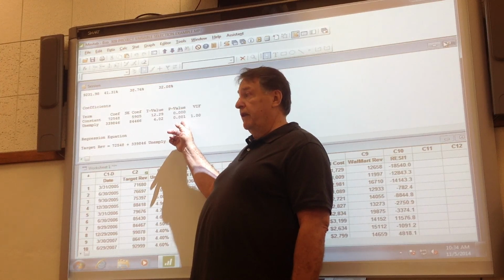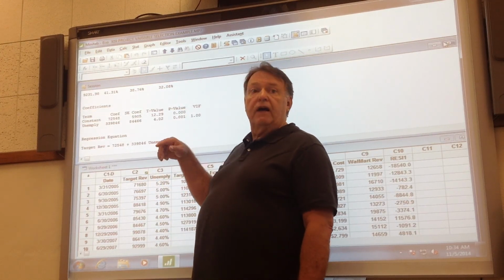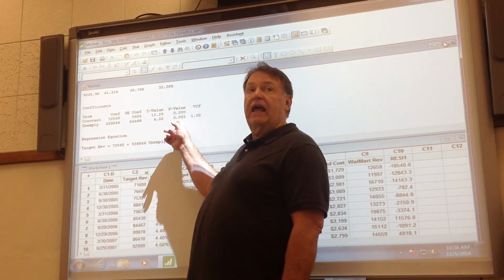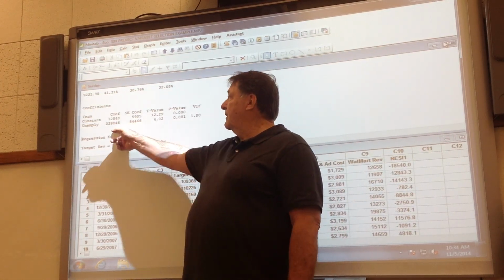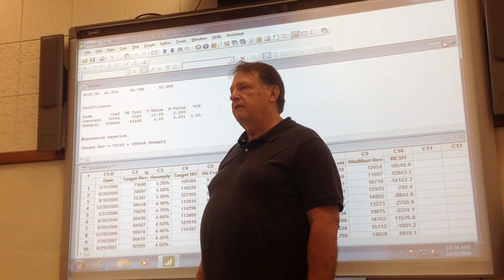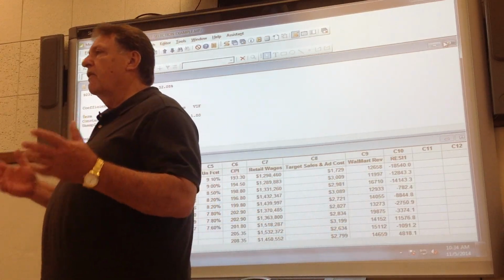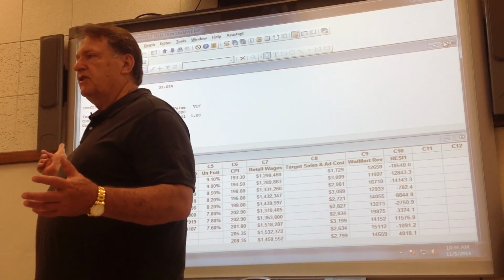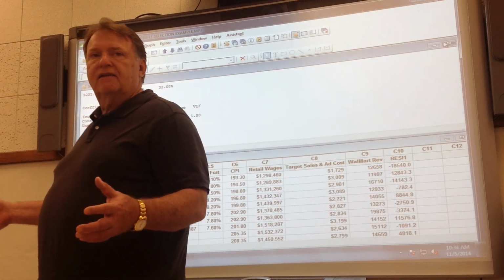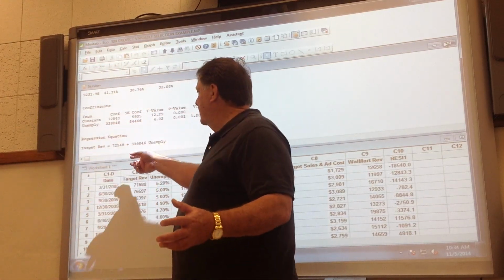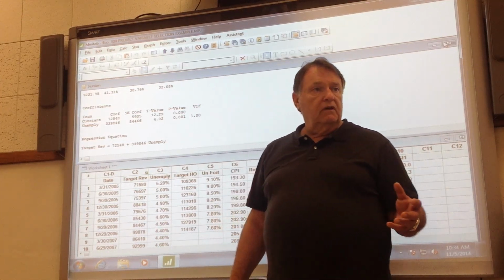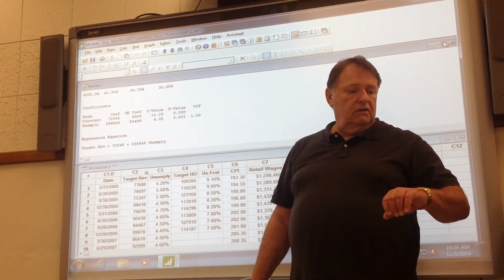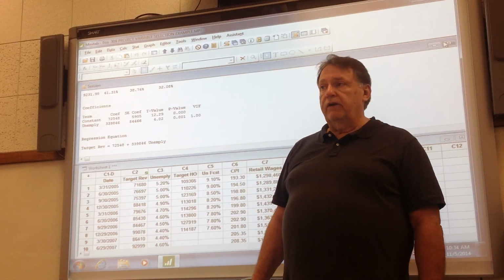What's the threshold for that? 0.05. Right? It's less than 0.05. It's significant at the 95% confidence level. So we can say that first, the coefficient exists, and second, it's a good representation of the real relationship between those two variables, unemployment and target revenue.